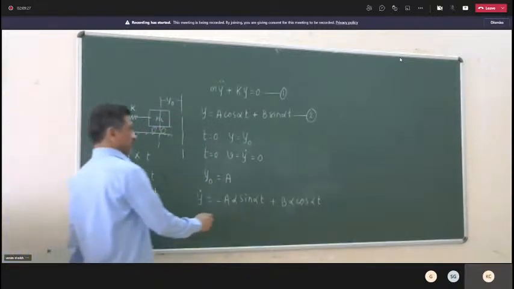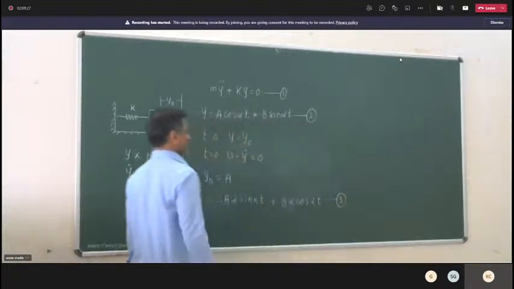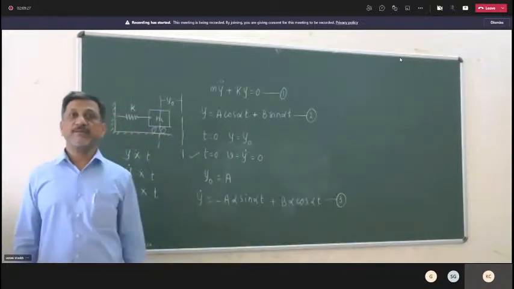And now you can say this equation 3, substituting second initial condition in equation 3.